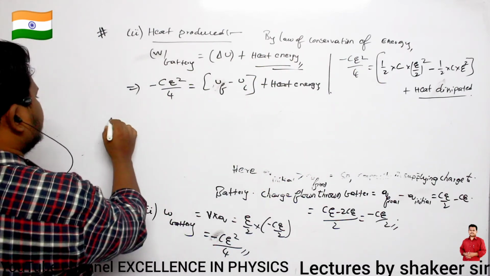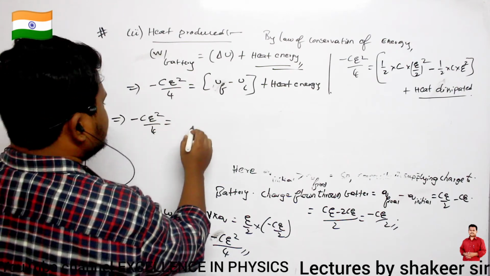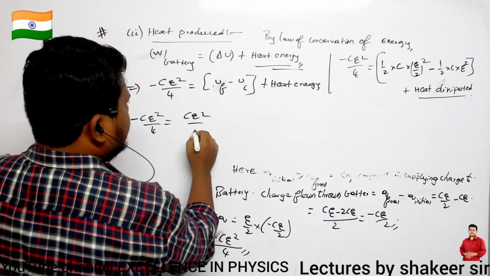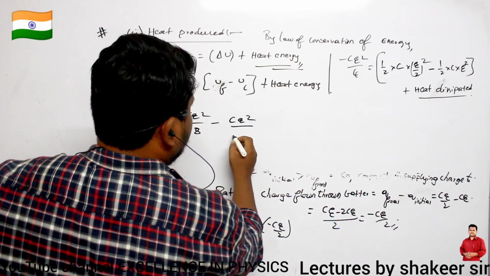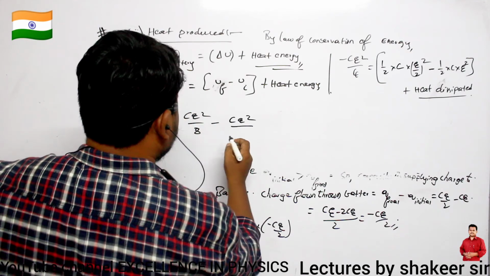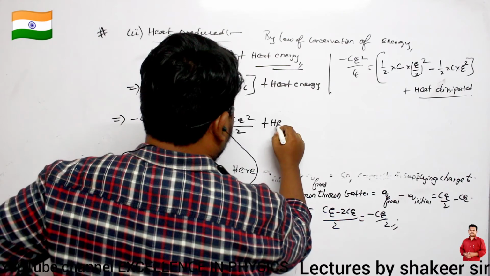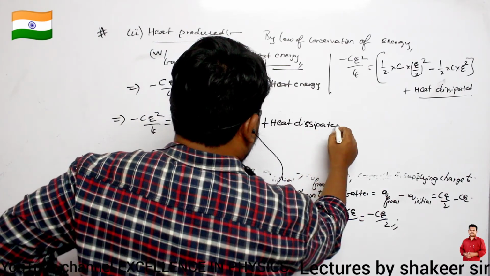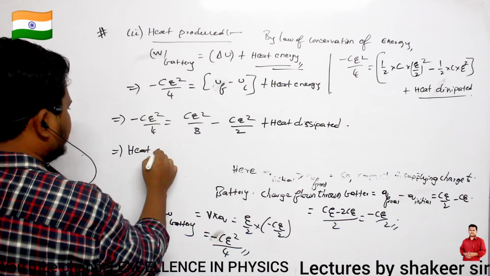Now just calculate. So minus CE square divided by 4 is equal to CE square divided by 8 minus CE square divided by 2, plus heat dissipated. So do this calculation.